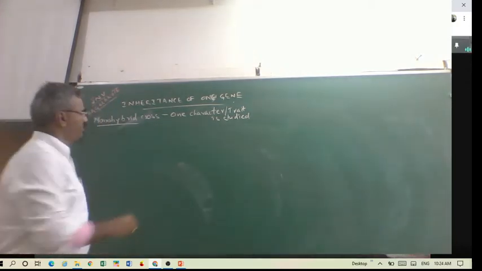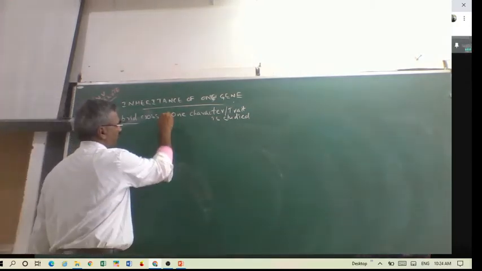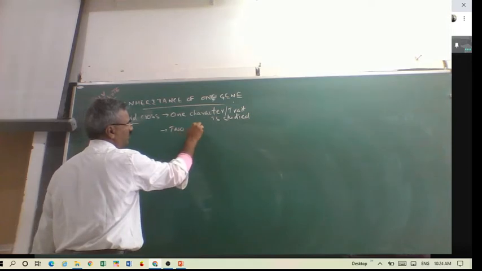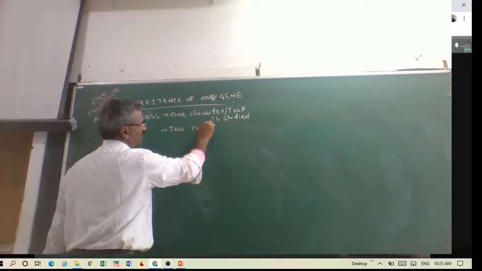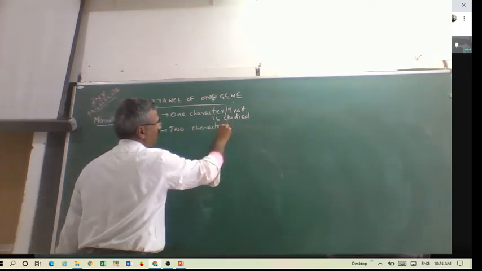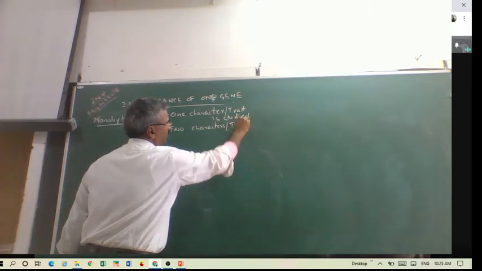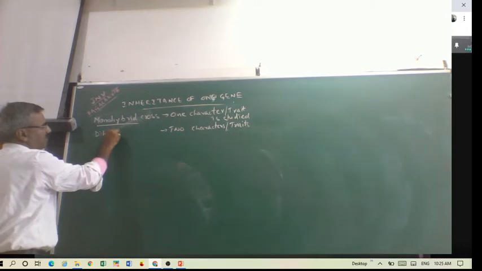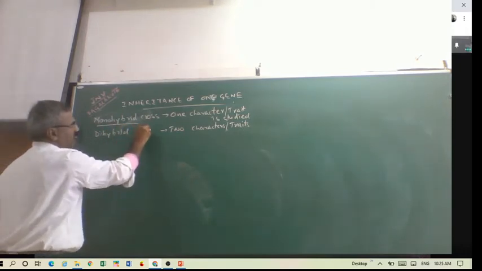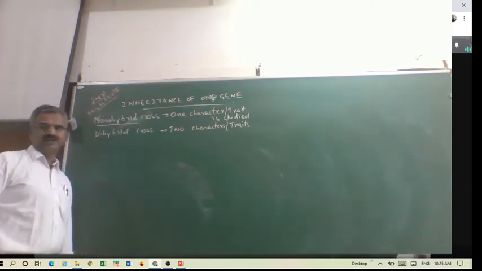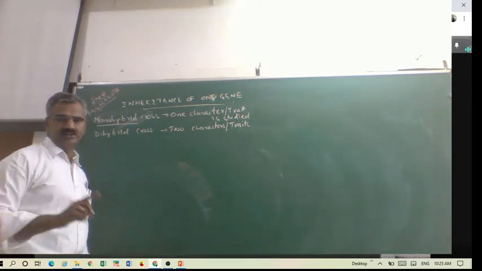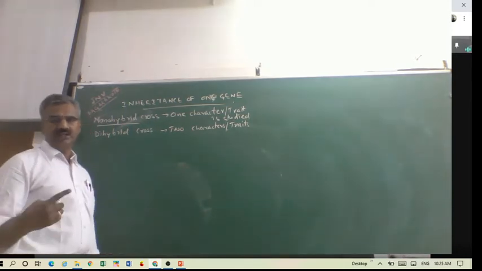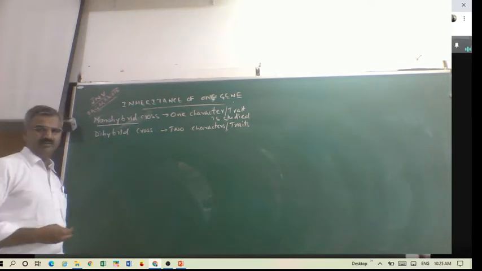Then if you are studying two traits, what is that called? Two characters or traits are studied here. That we call a dihybrid cross. So monohybrid cross and also dihybrid cross, these are the technical terms which we are using here.